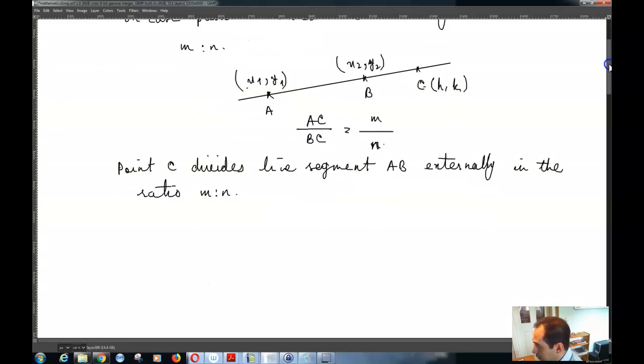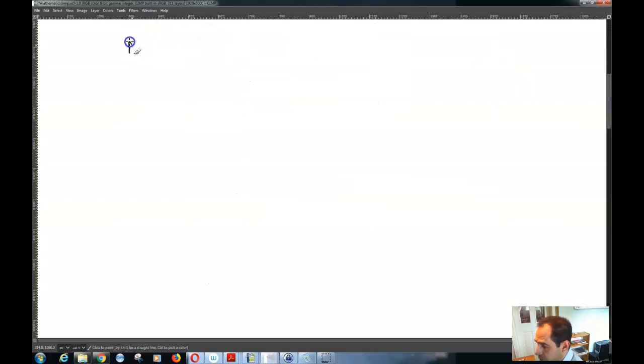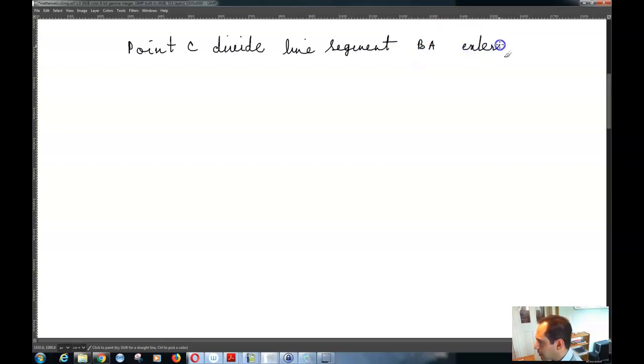Okay, now suppose I said that the point C divides the line segment BA externally in the ratio m to n.